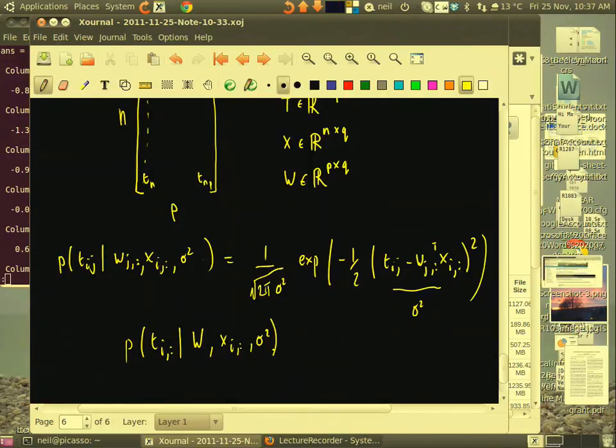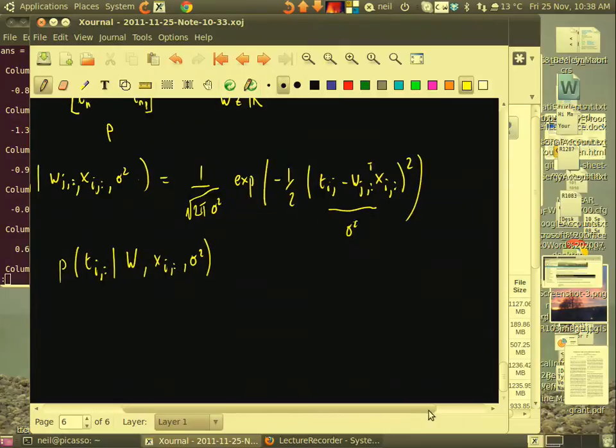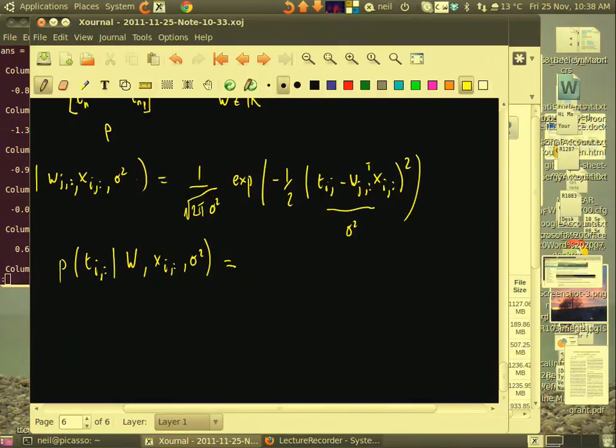Now we're going to use independence, but the independence is going to be across the data features. So this is one data vector, and what we're going to have is the product of each of these. The same independence assumption we've been using normally across data points, but now it's going to be across data features, and that leads us to this form.